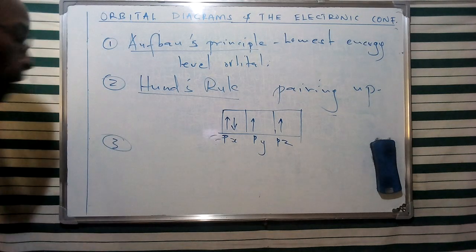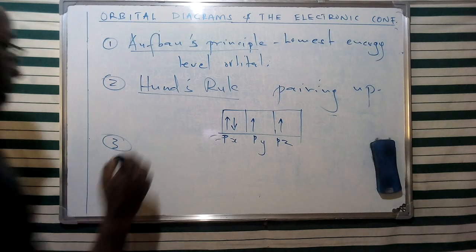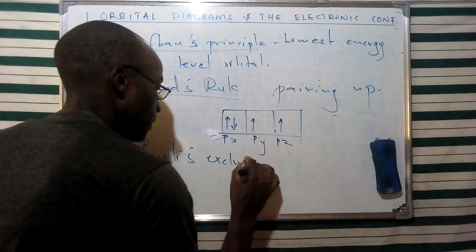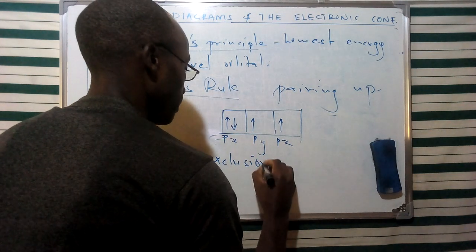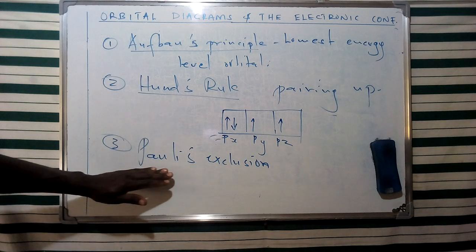Now, the third rule which we are going to observe in trying to make these orbital diagrams and drawings of electronic configuration of various elements is Pauli's exclusion principle. And of course, kindly check our links for this specific video.